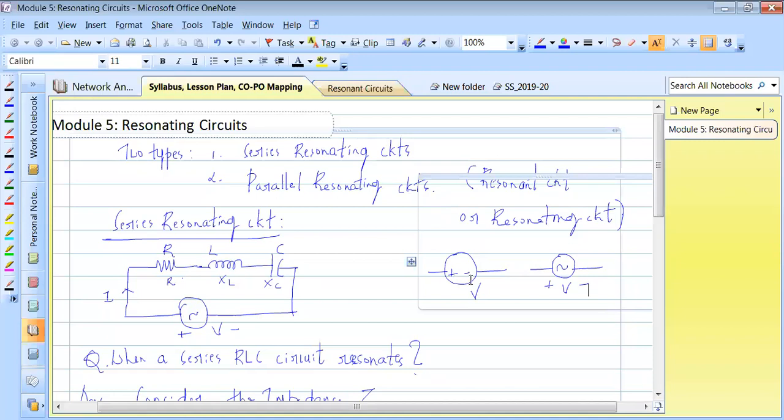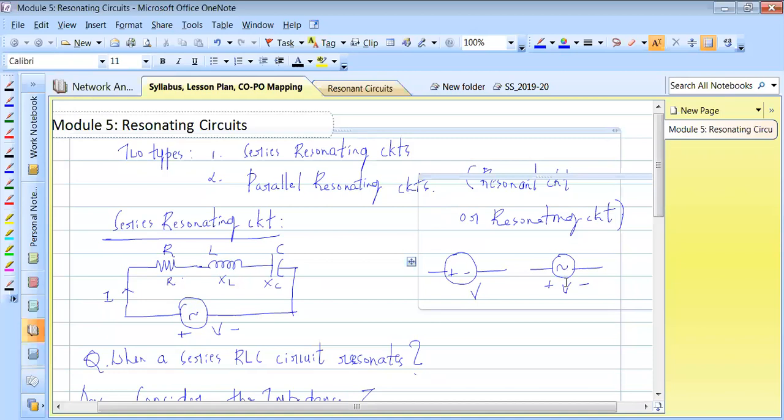This plus and minus that we are seeing here is a DC voltage source and this is an AC voltage source. What is AC? AC is alternating. See here, we have written a sine wave, a sinusoidal wave. What is a sinusoidal wave? A sinusoidal wave is an alternating wave. Why do we call them alternating?